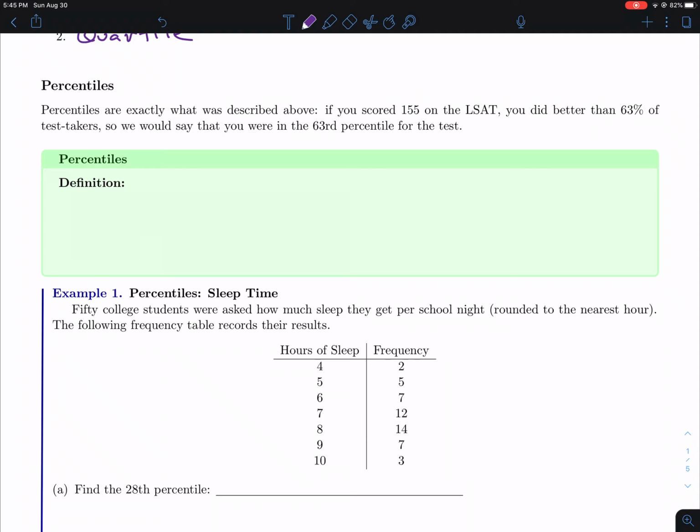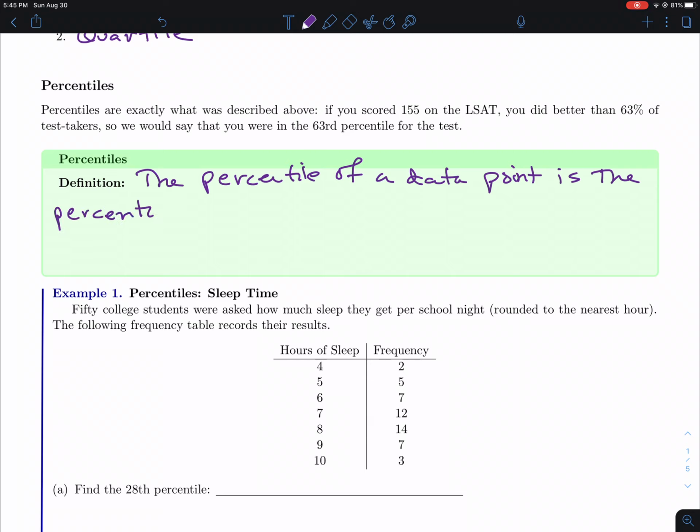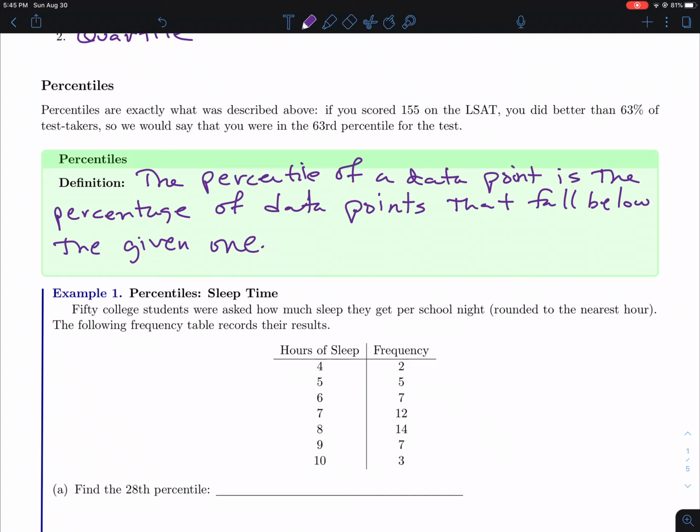So our definition for percentile: the percentile of a data point is the percentage of data points that fall below the given one.